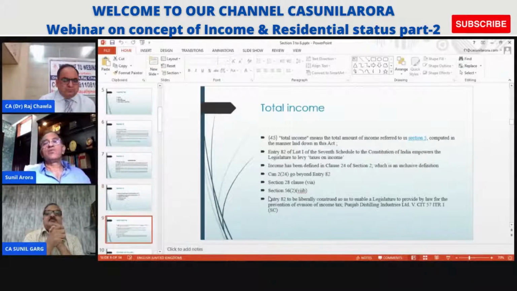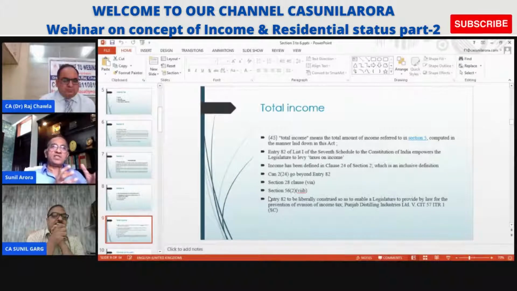Now, the word total income has been defined in clause 45 of section 2, which simply says it means the total amount of income referred to in section 5 computed in the manner laid down in this Act. We'll be coming back to this concept of total income when we go to section 5.